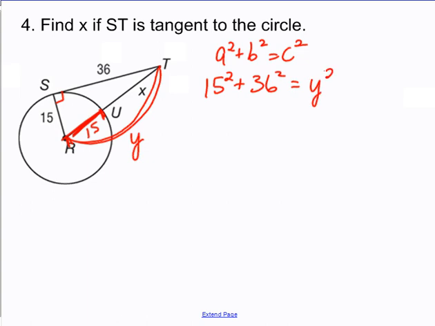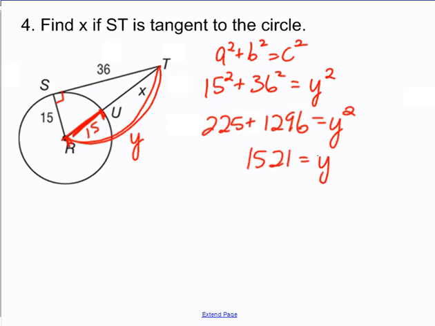So this is y squared. All right, so I end up with 225 plus 1296 equals y squared. 1521 equals y squared. And the square root of 1521 is 39. So now I know that this whole thing is 39. So I can subtract the 15.